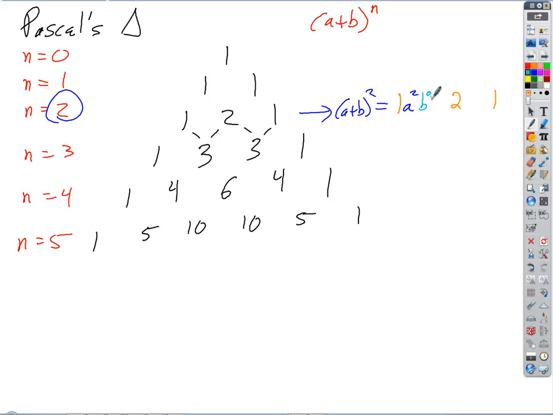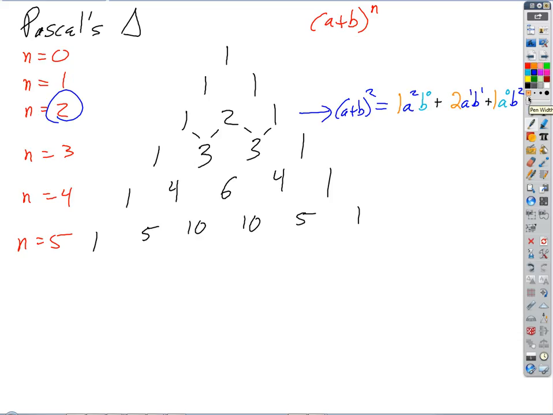What is b to the 0? 1. So we would just say the first one is just a squared plus 2a to the 1 b to the 1. So that would just be 2ab, right? Plus 1a to the 0 b squared.